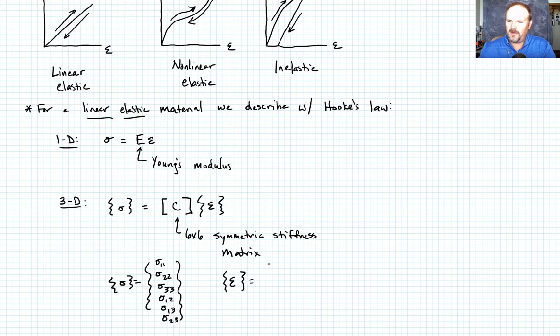And then the strain vector was related to the strain tensor, but it also wasn't a tensor either. We had our normal strains, epsilon 1 1, 2 2, and 3 3. And then we actually had engineering strains for our shear strain, so that would be 2 epsilon 1 2, or you wrote it as gamma 1 2, 2 epsilon 1 3, and 2 epsilon 2 3.